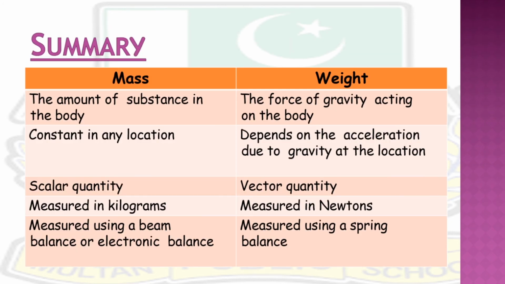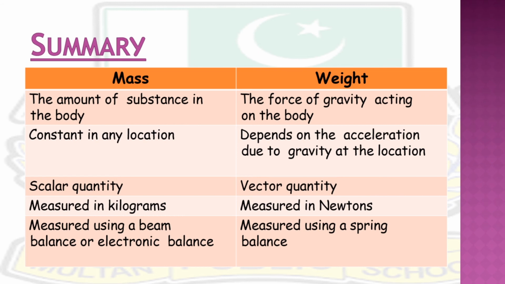So we can summarize that mass is the amount of substance in the body, while weight is the force of gravity acting on the body. Mass is constant in any location, while weight depends on the acceleration due to gravity at the location.